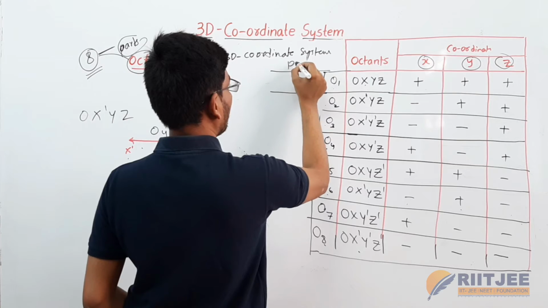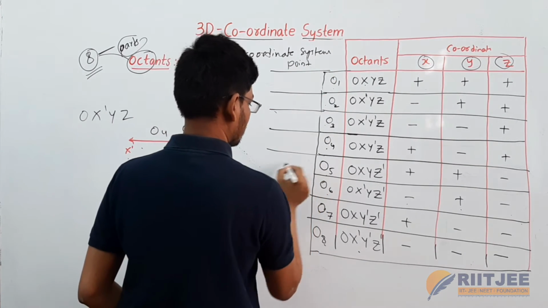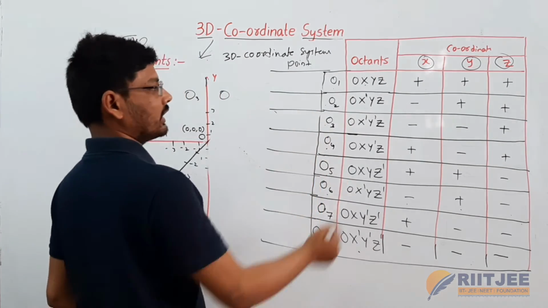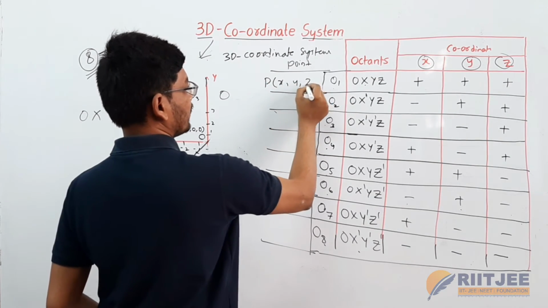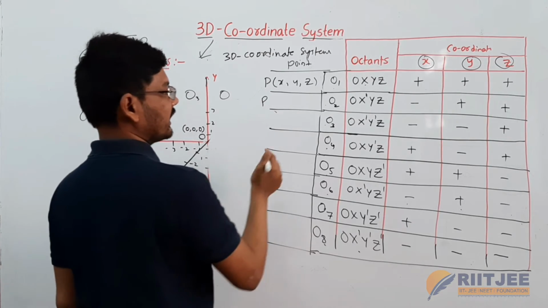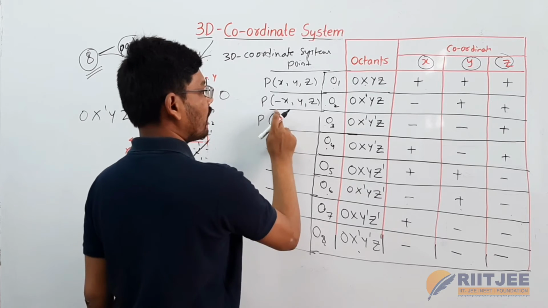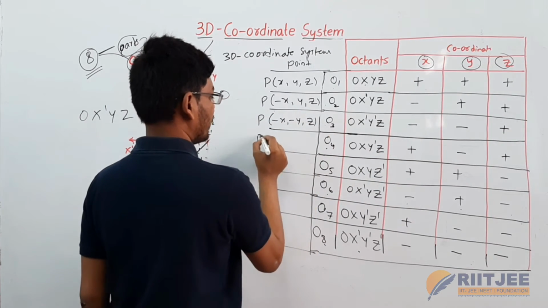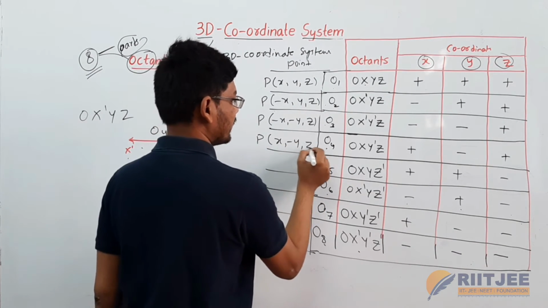So point of first octant is P of x comma y comma z. Point of second octant, that is minus x comma y comma z. Point of third octant is minus x minus y comma z, and point of fourth octant, that is x comma minus y comma z.